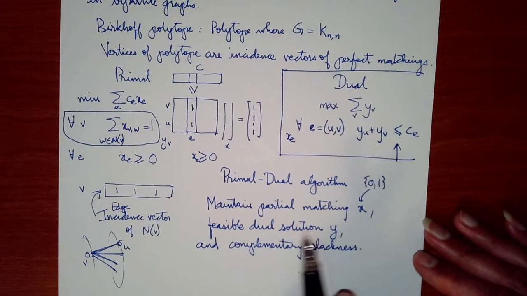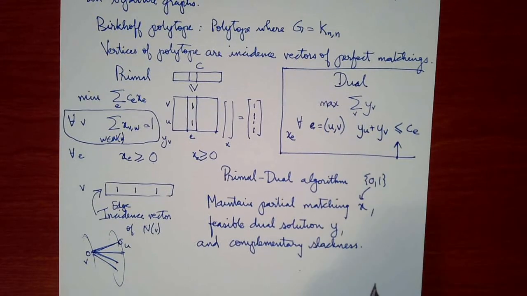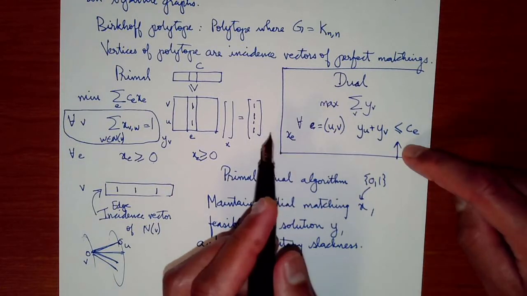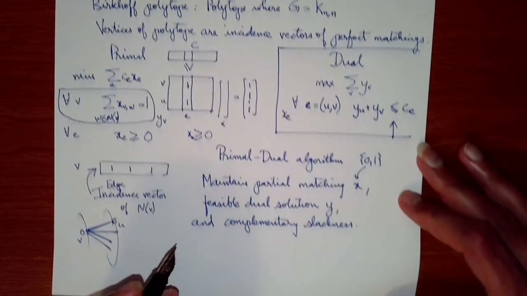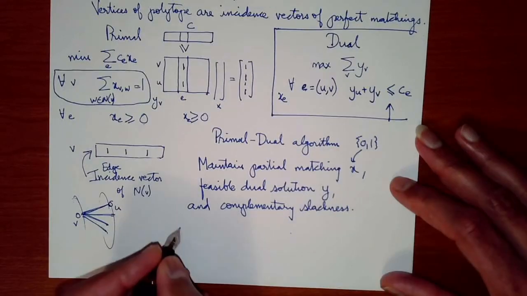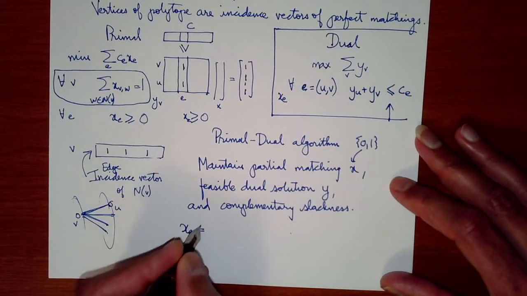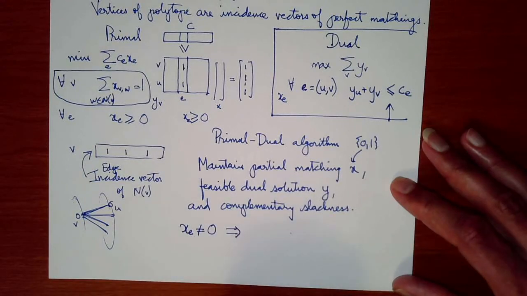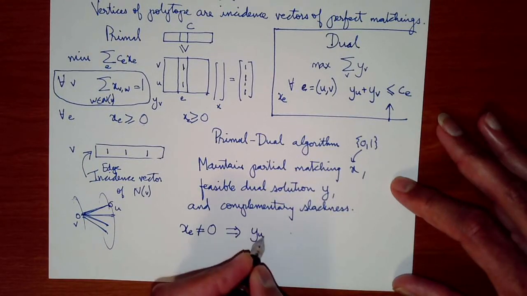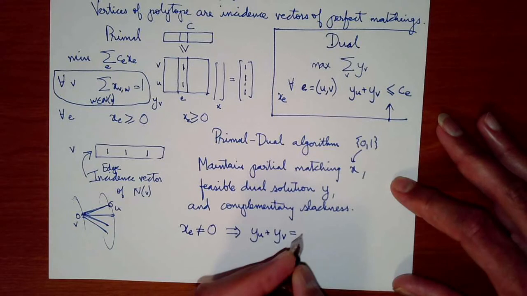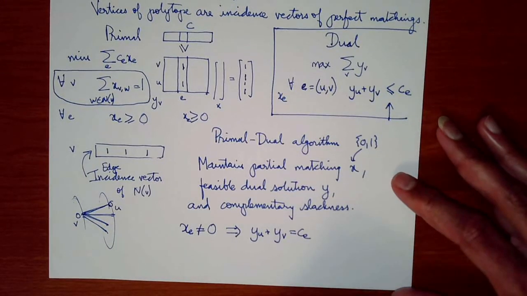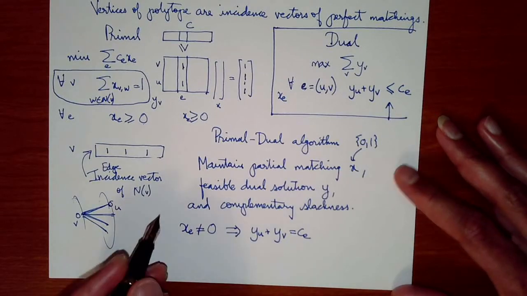And so we know that either xe is 0 or the constraint is tight. So another way of saying this is the complementary slackness conditions say that xe is non-zero implies yu plus yv is equal to ce.